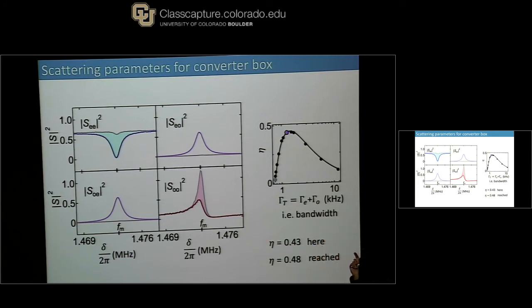So we're just varying one of the electrical or optical coupling rates, and then we're looking at the efficiency, and we see that we can get the best efficiency in a certain portion of setting this impedance matching. And so currently we're able to get the efficiency of the actual converter box up to almost 50%. So that's the scale of the efficiency that we're at right now. And what that's mainly limited by is actually kappa O internal.